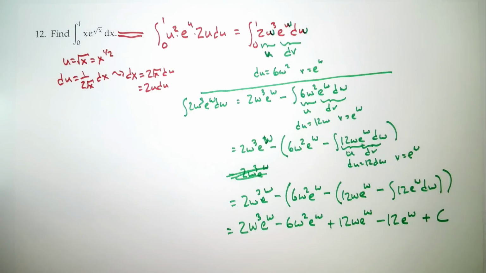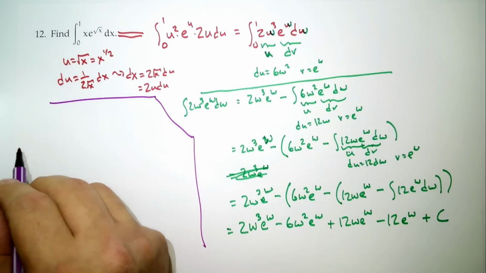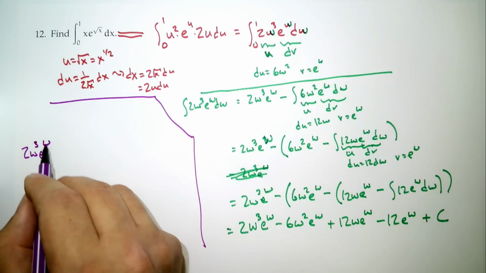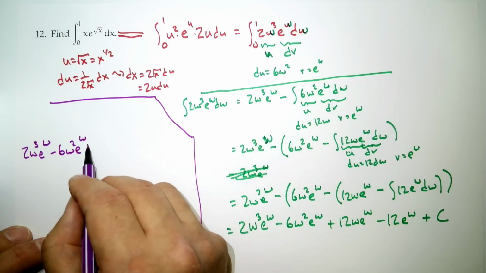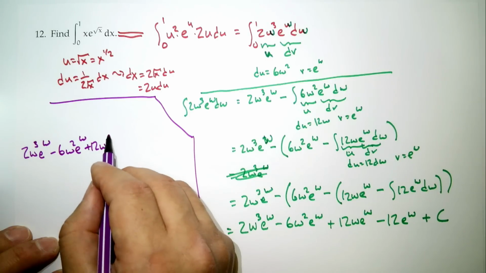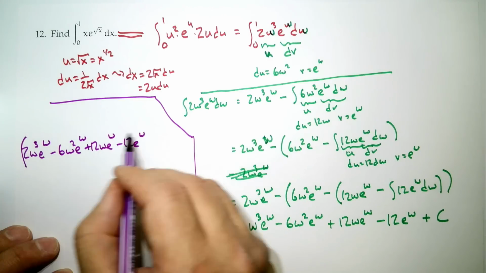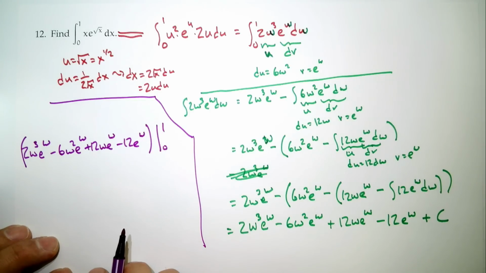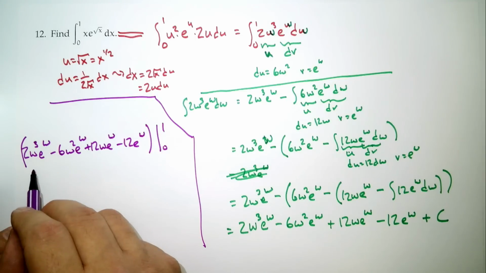All right. So, are we done? No. Now we evaluate. So 2w cubed e to the w minus 6w squared e to the w plus 12w e to the w minus 12 e to the w. That's our antiderivative. Evaluate from 0 to 1. So plug in 1.